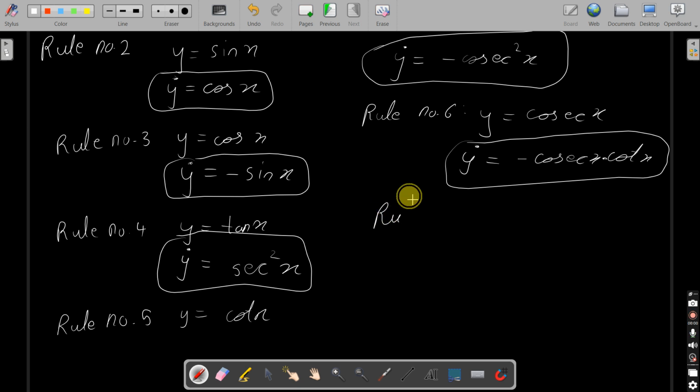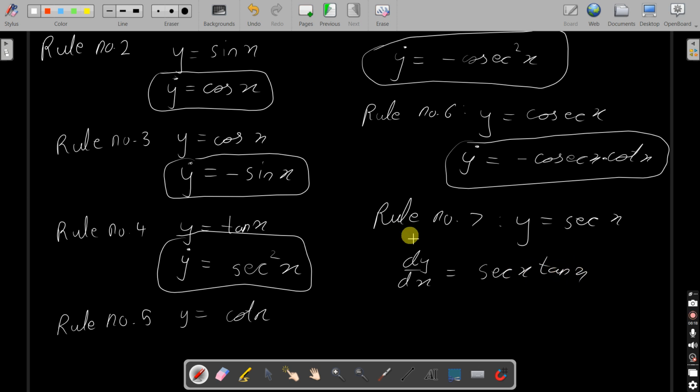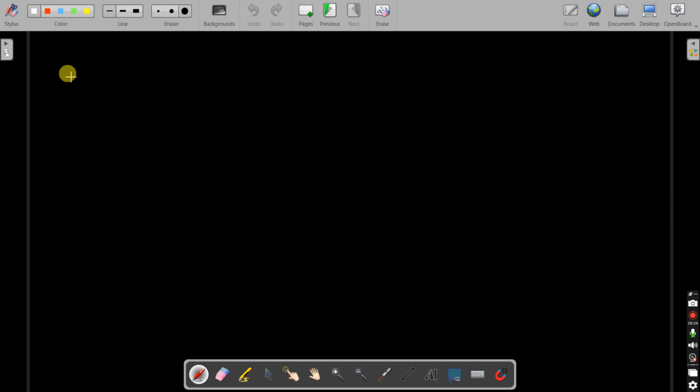Rule number 7. If y is equal to sec x, then dy by dx will be sec x tan x. Rule number 8. If y is equal to ln x, then y dot or dy by dx will be 1 upon x.